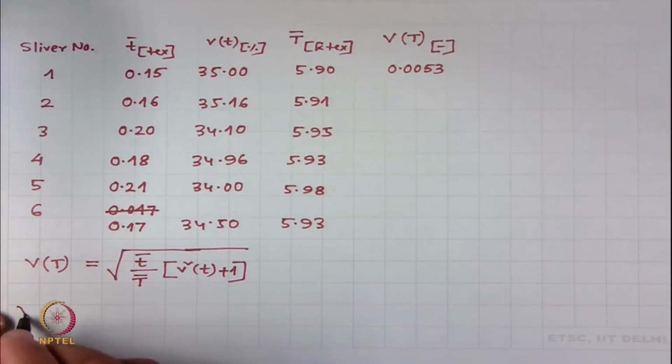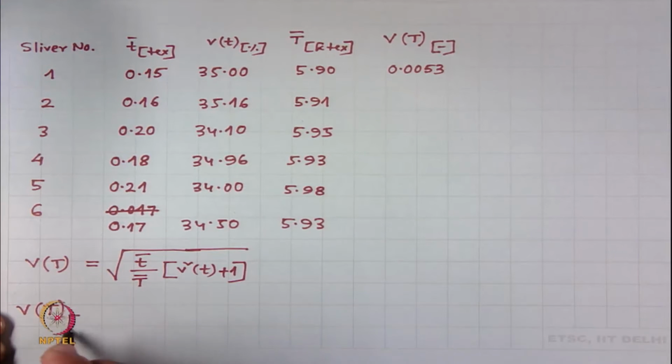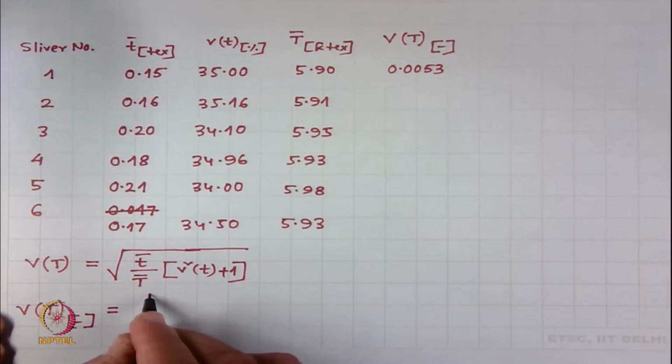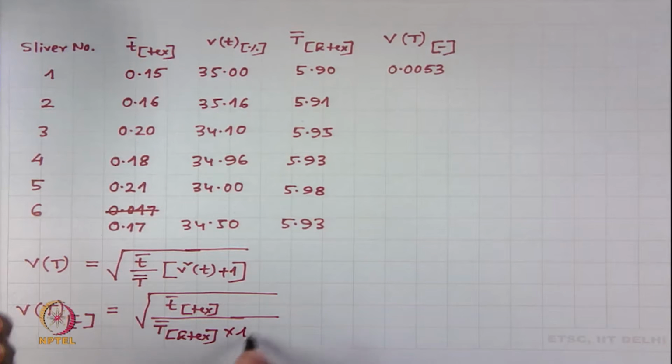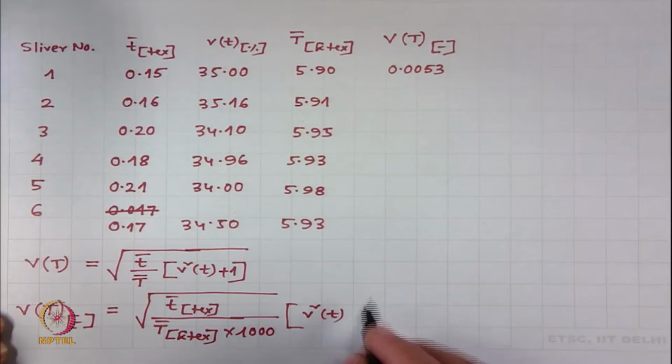Let me write it in terms of unit. This is dimensionless, this is in tex given, and this is kilotex given. So, you have to multiply it by 1000, then V square T is in percentage given.